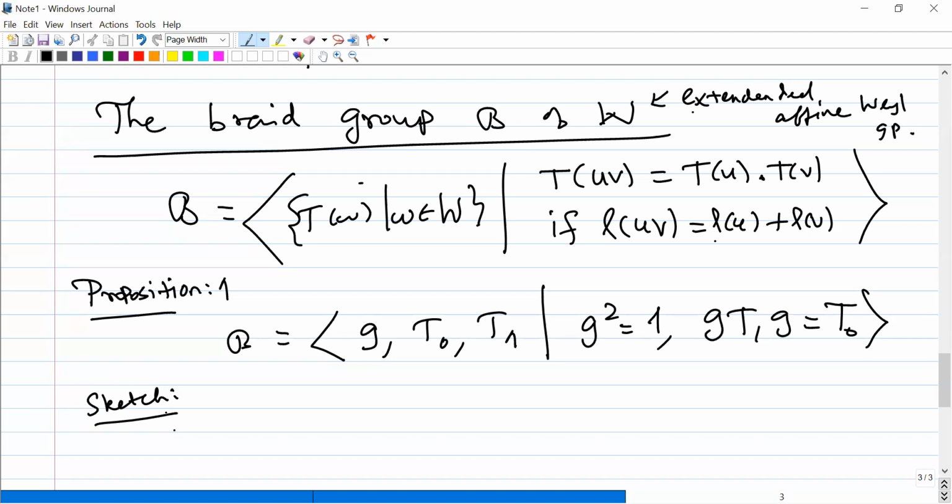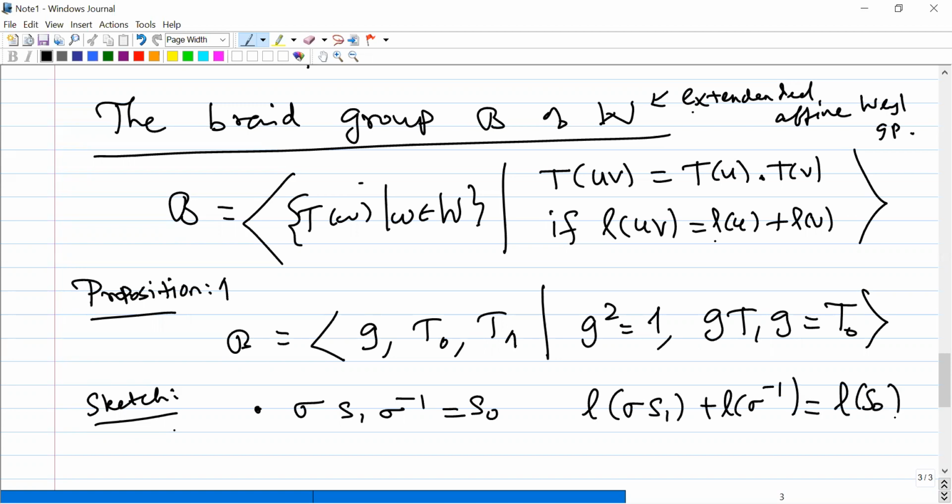Note that first, sigma S1 sigma inverse is S naught. In particular, the length of sigma S1 plus the length of sigma inverse is exactly the length of S naught.